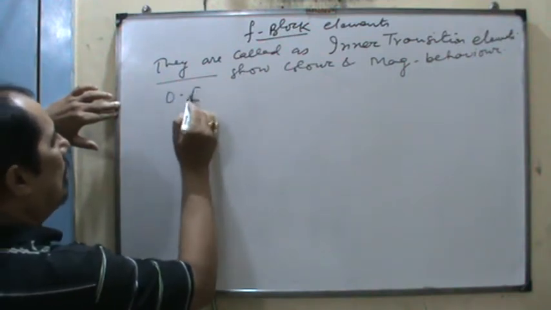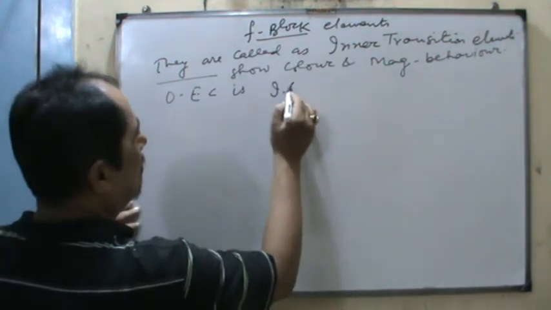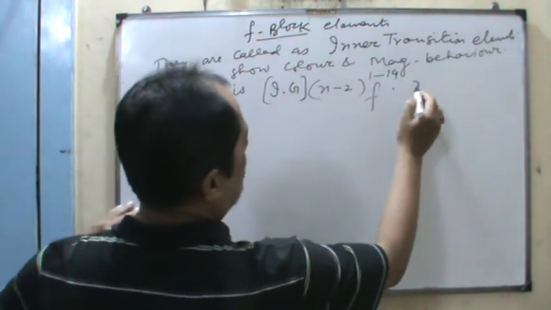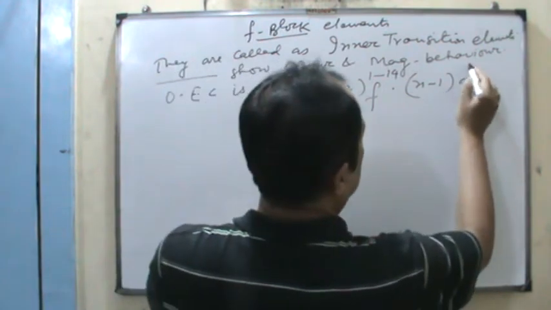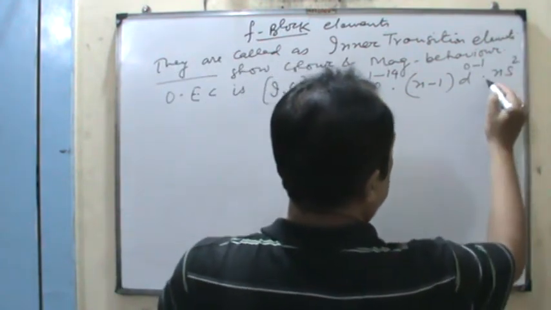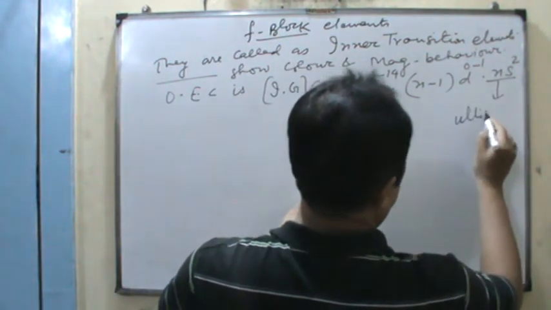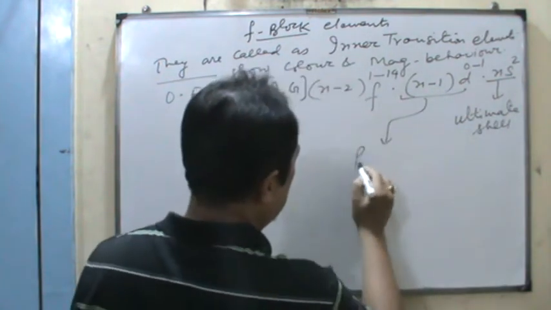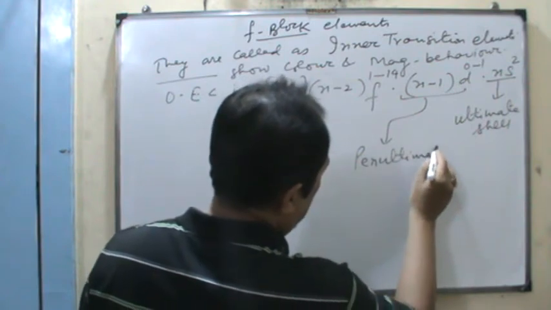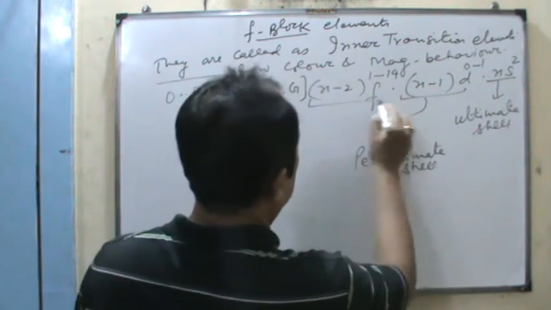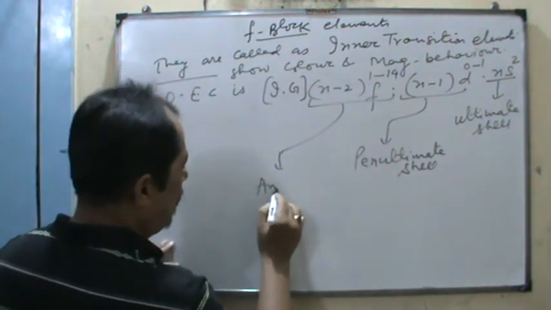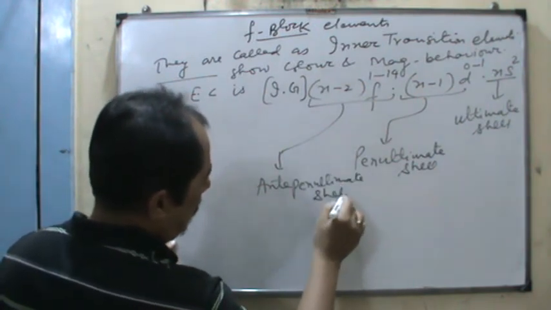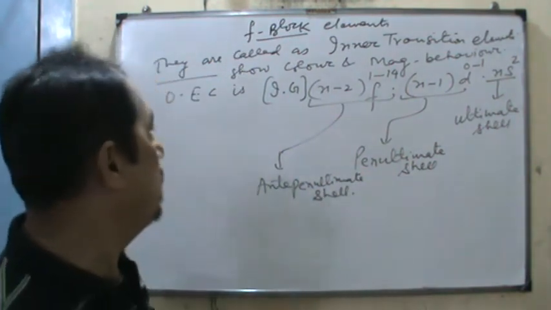Their outer electronic configuration is inert gas (n-2)f1 to 14, (n-1)d0 to 1, ns2. This is the ultimate shell, this is the penultimate shell, and this is the anti-penultimate shell. Ultimate shell, penultimate shell, and anti-penultimate shell.